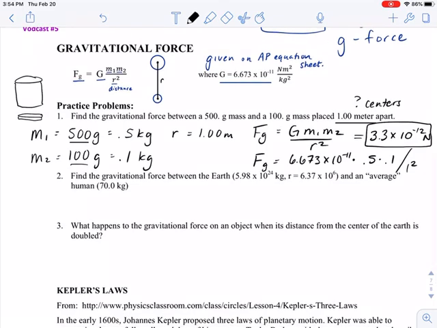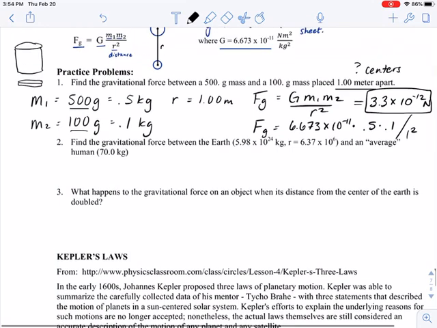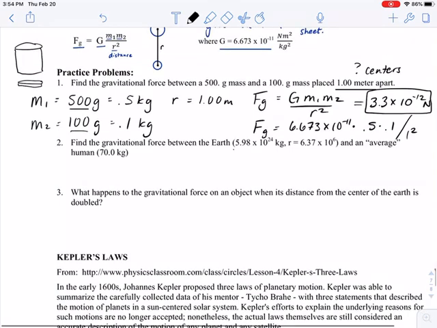Let's try something with larger numbers. Practice problem 2 says, find the gravitational force between the Earth, here's the mass of the Earth, let's check that out, and an average human. I put average in quotes because who knows. But we will use the equation to solve this.